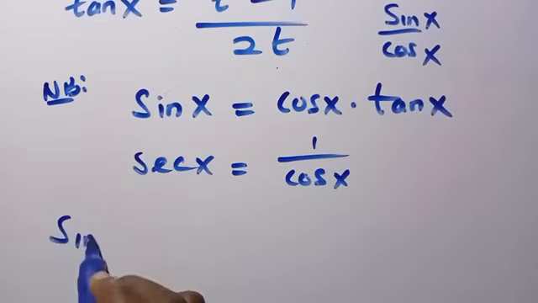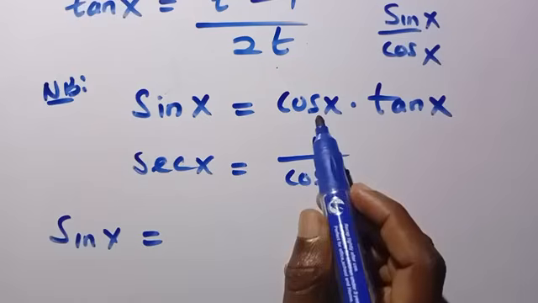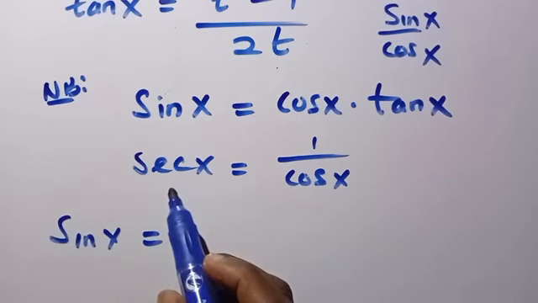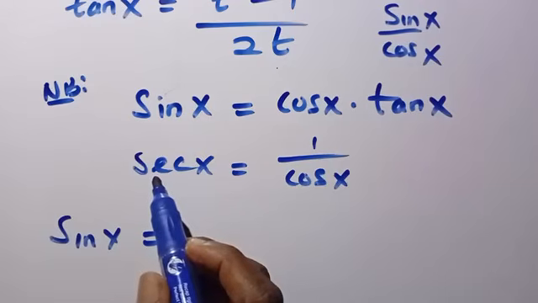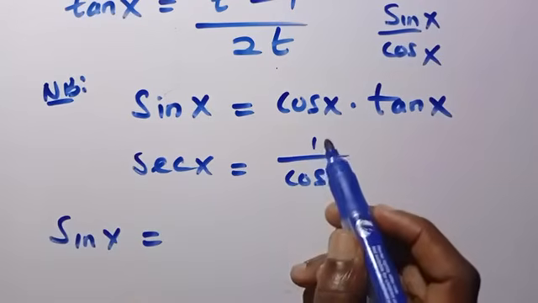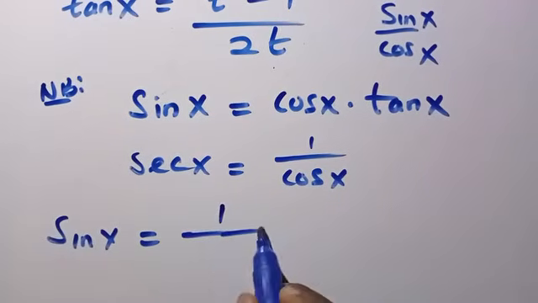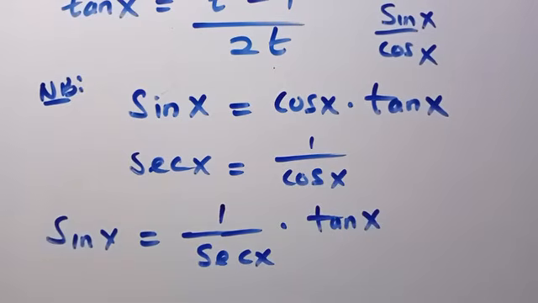So by replacing it, cos x is 1 divided by sec x, and when we make cos the subject of the formula, we have sine x equals 1 divided by sec x multiplied by tan x.